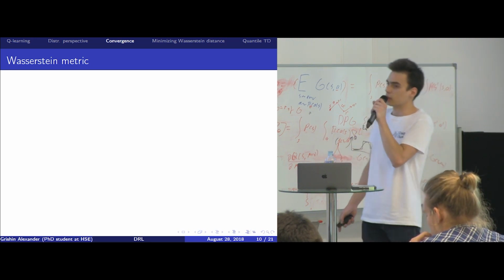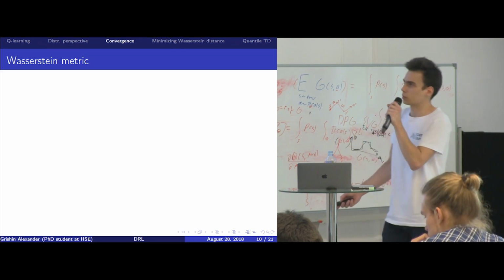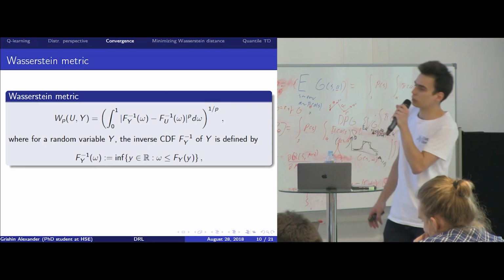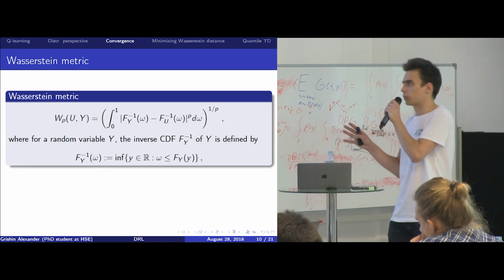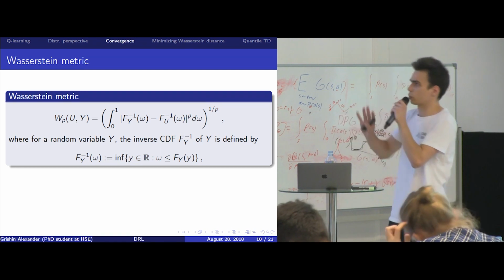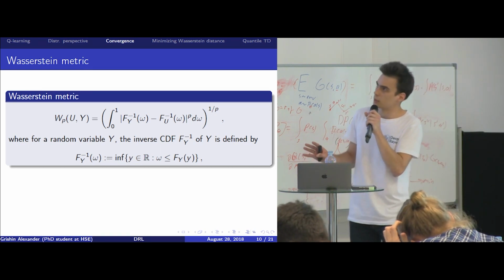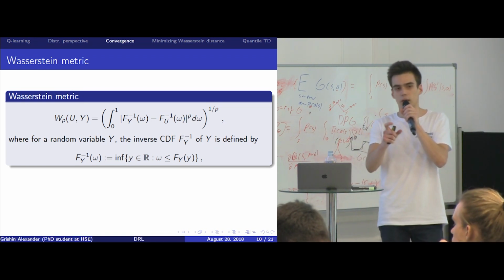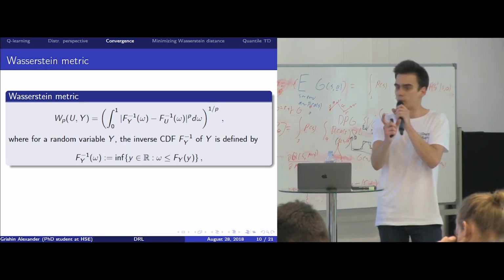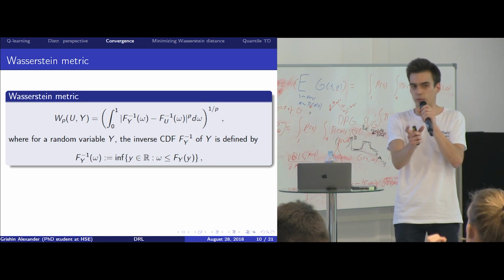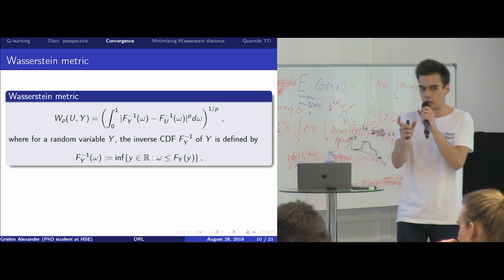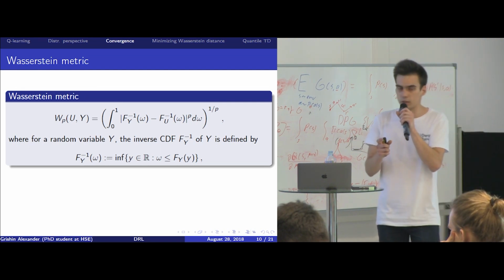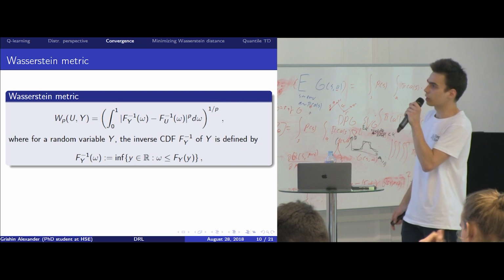Okay, the Wasserstein metric, I suppose it was defined already, but maybe I can show another view. A simple definition of the Wasserstein metric is that it is just the LP metric between the inverse CDFs, the integral LP metric between the inverse CDFs.